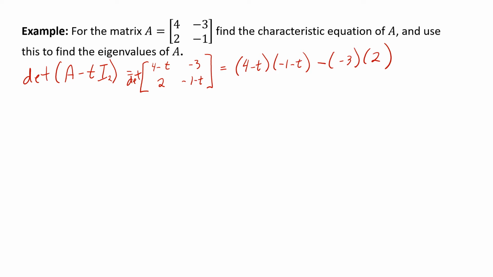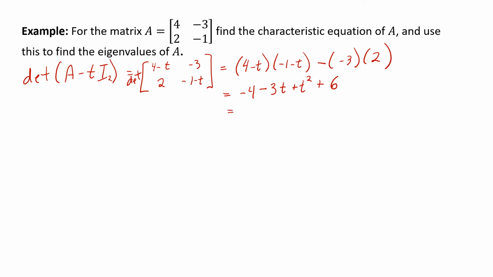Now let's multiply it all out and simplify. So this is negative 4 plus 4t, minus 3t, sorry, plus t squared plus 6.